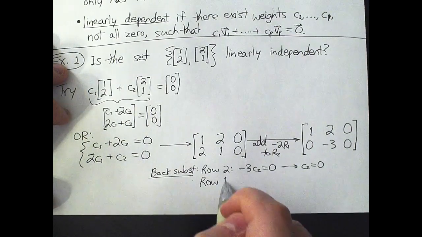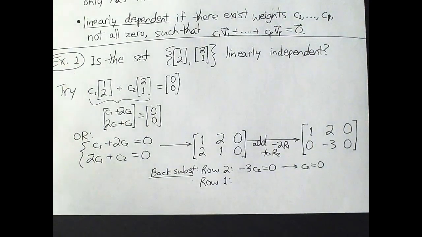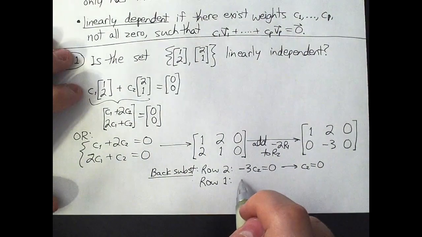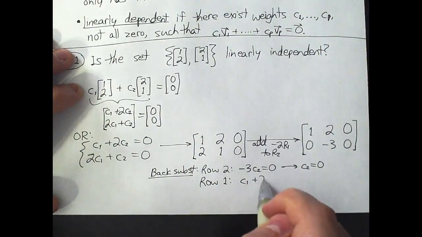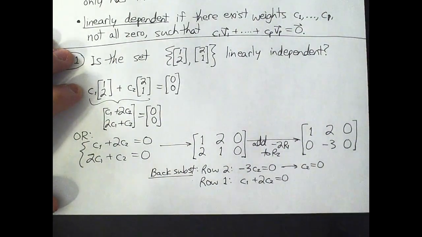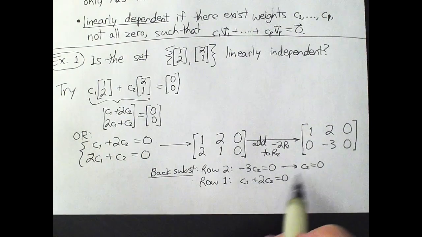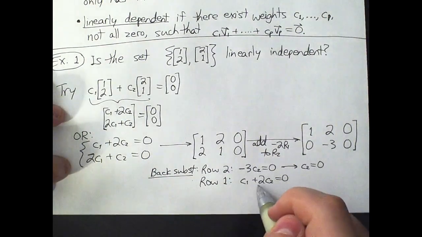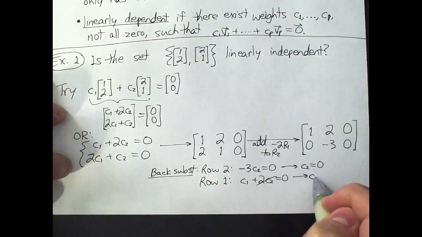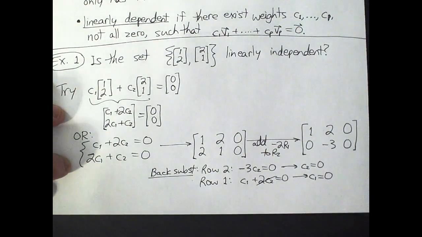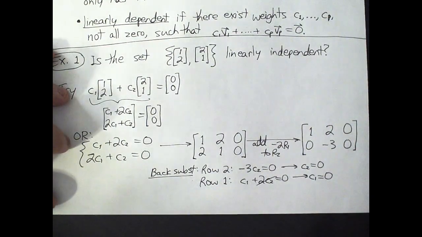And now we see, what does row 1 tell us? c1 plus 2c2 equals 0. Let's try to solve for C1. We know what C2 is. C2 is 0. It's gone. So look at that, C1 is 0. We solved the system, and we get only the trivial solution.